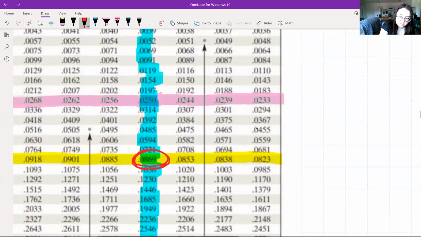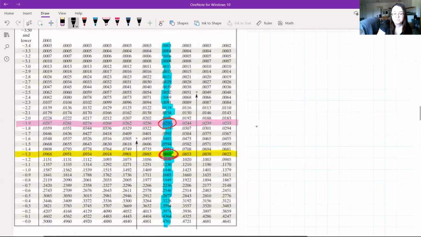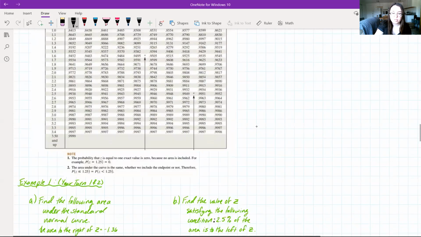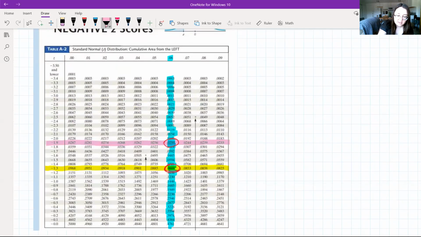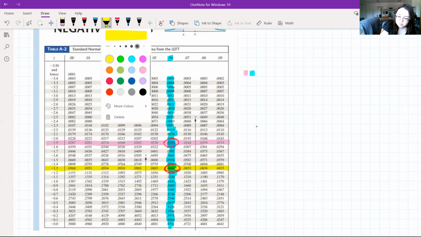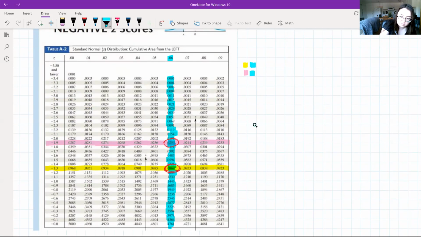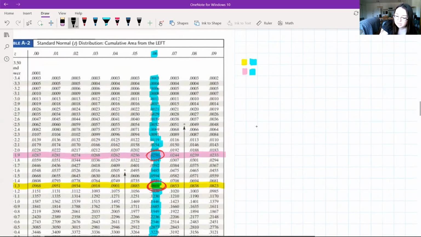Let's circle this too so we know. And we can also just mark these so we can know which problems were which. So the yellow and the blue, that was going to be example 1A. Pink and blue was example 1B.